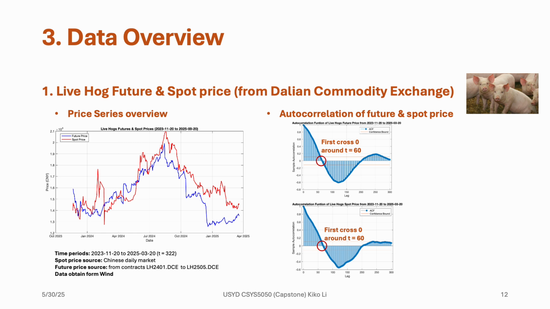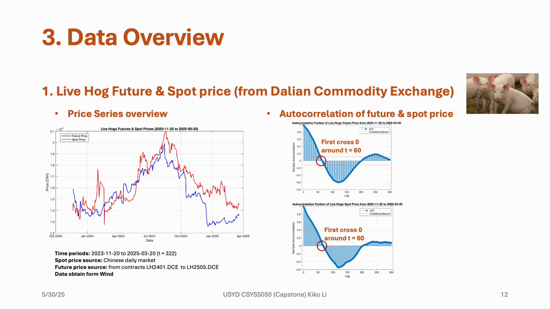Let me introduce the data we will analyze in this research. The first one is live hog future and spot price from the Dalian Commodity Exchange. The overview of the data series is on the left, where the red line is the spot price and the blue line is the future price, including price information from future contracts LH2405 to LH2505.